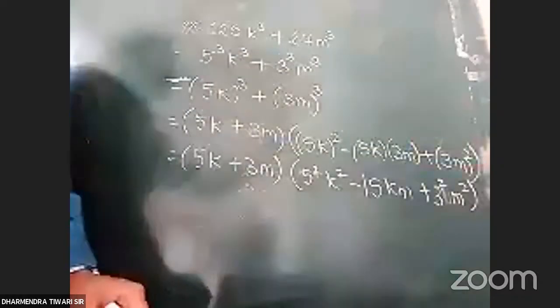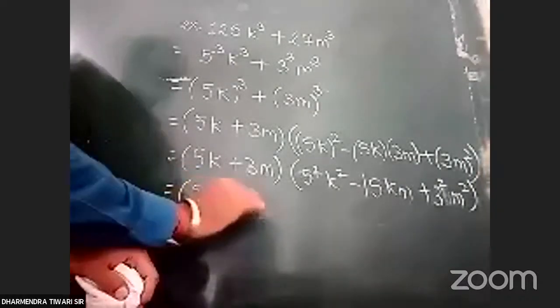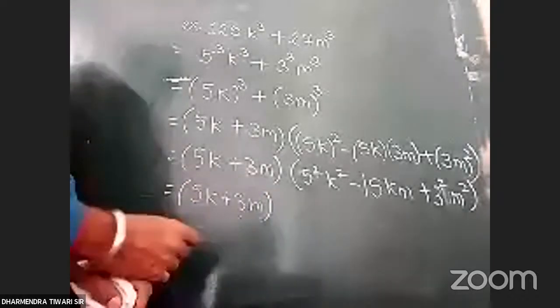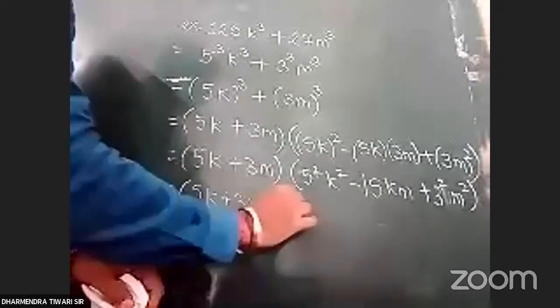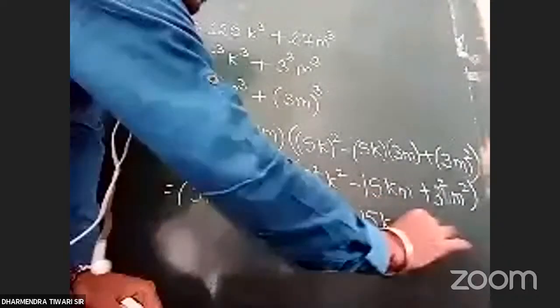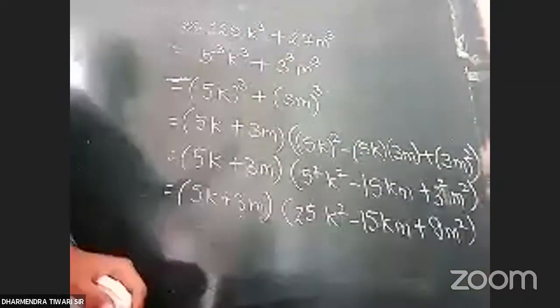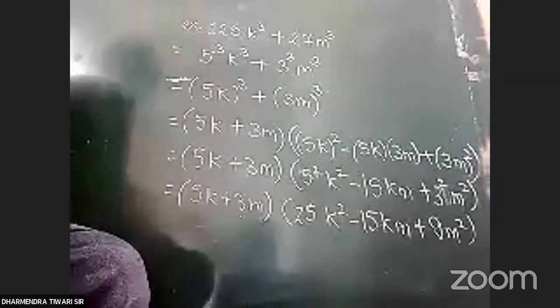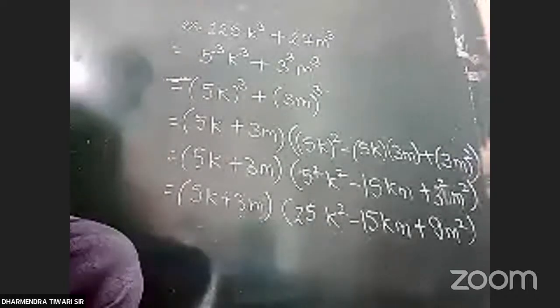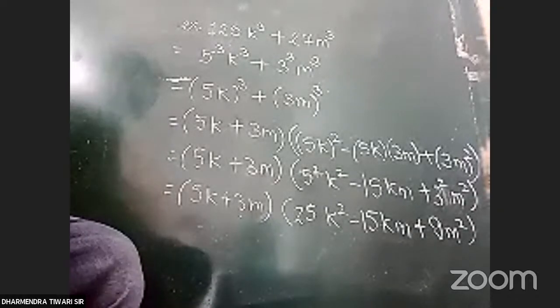Now 5k plus 3m, bracket, you can write it as 25k square minus 15km plus 3 square is 9m square. So this step is clear and we are done with the problem.